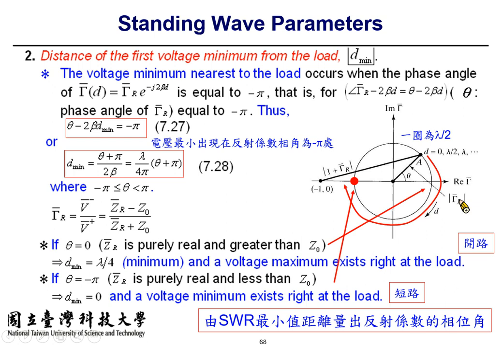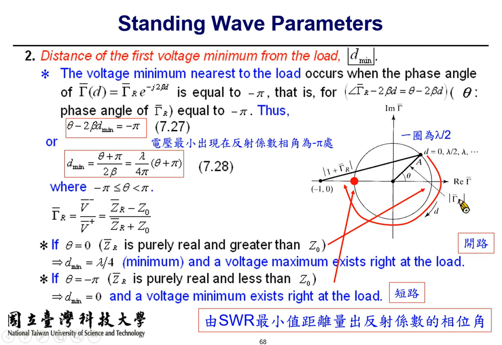If you terminate your transmission line with a short, then the D minimum will be, what? Will be 180 degrees. Now, if you terminate your transmission line with an open, then, I'm sorry, the D minimum will be a quarter of a wavelength, then theta will be 0.